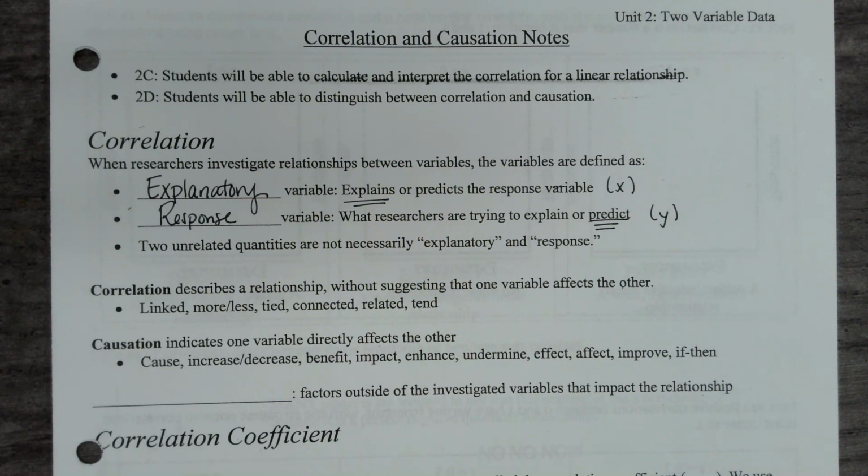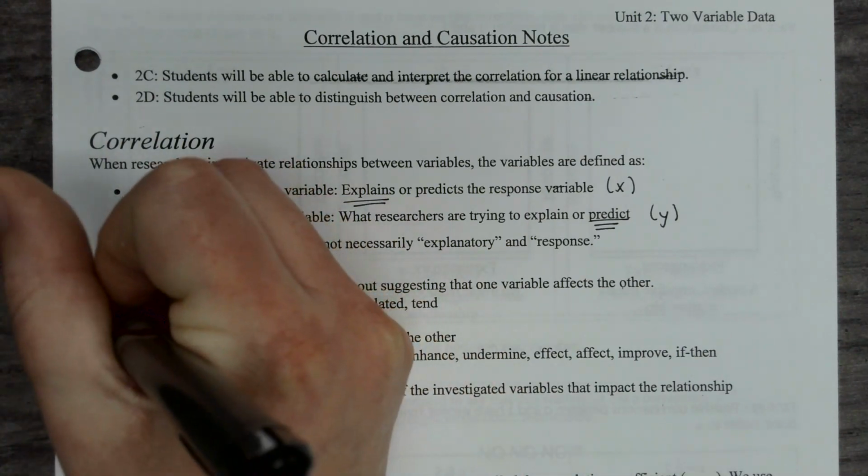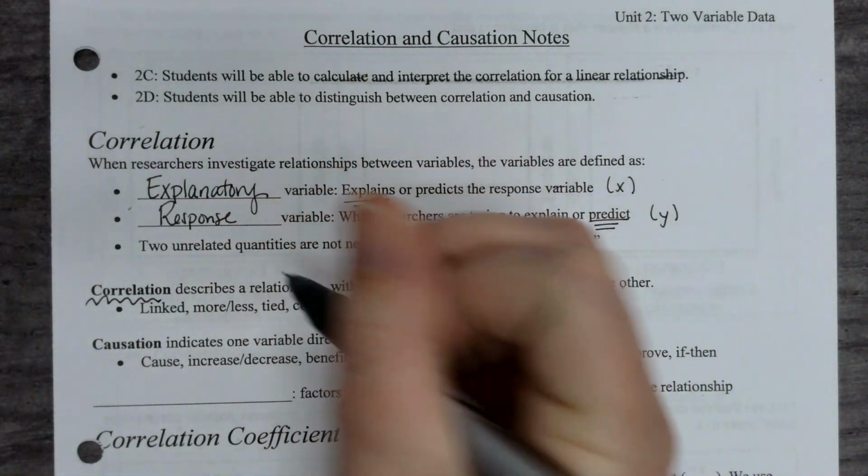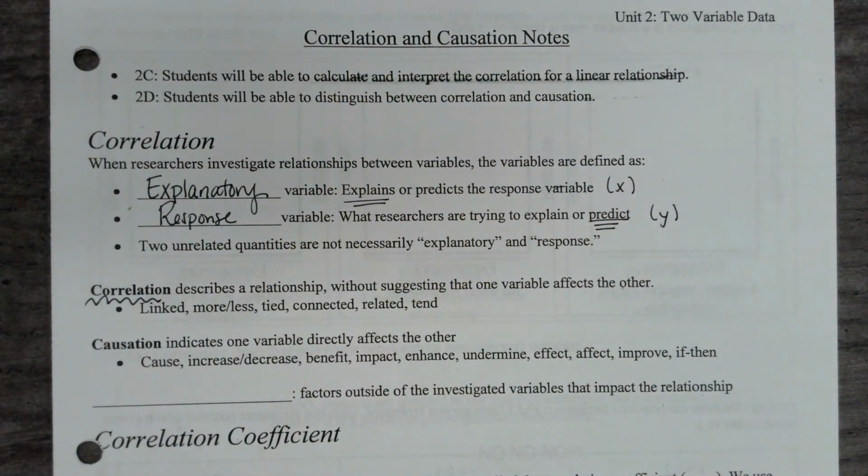So looking at the difference between correlation and causation. When we look at correlation, remember I told you earlier in the year to make sure that you're careful using the word causes the other to happen, or when we're correlating or when we're associating. Those are all very different things. Correlation just describes some type of relationship.